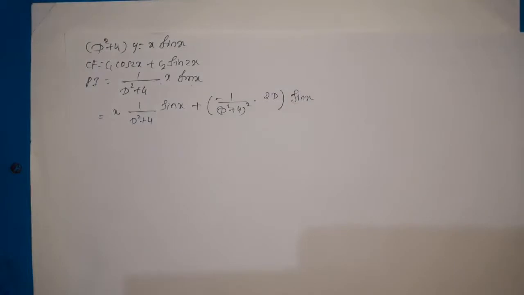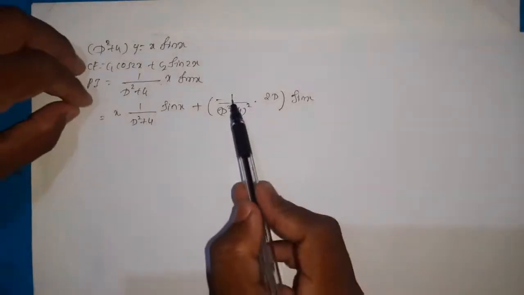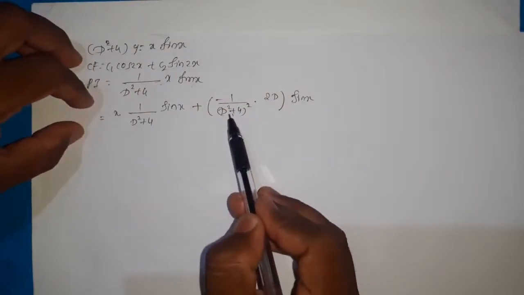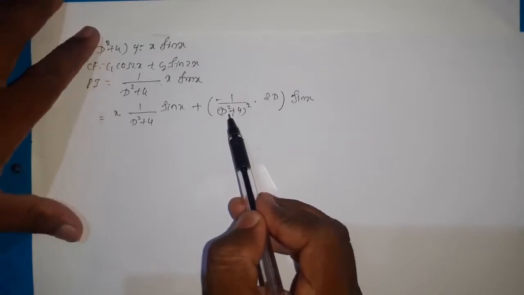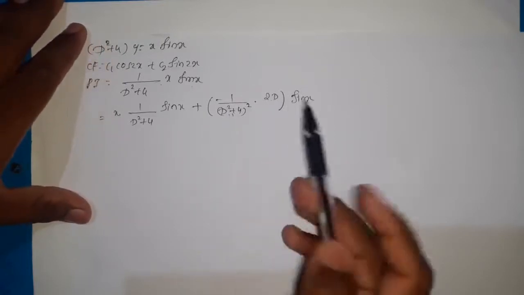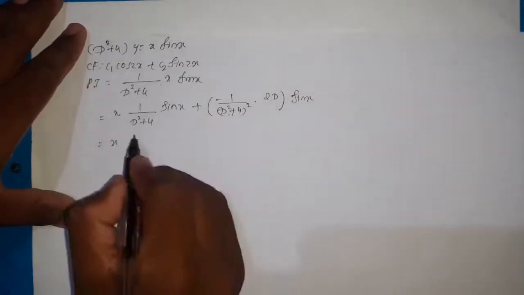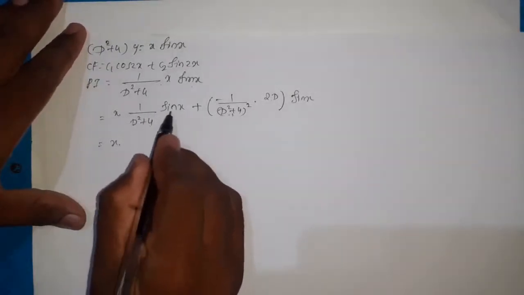Right? Here we need to differentiate the denominator with respect to d. Then that becomes minus 1 divided by denominator square into differentiation of this denominator with respect to d, that is 2d.